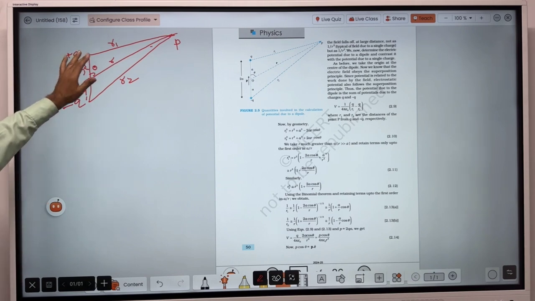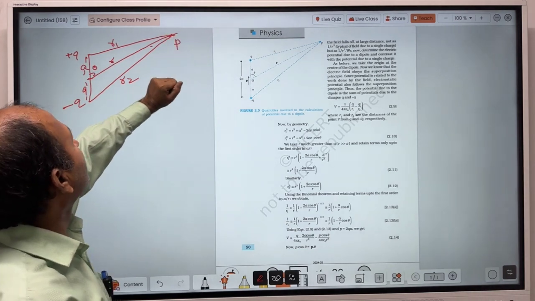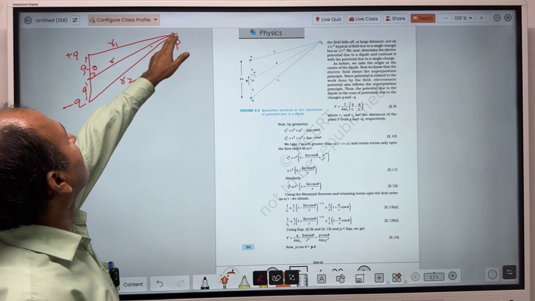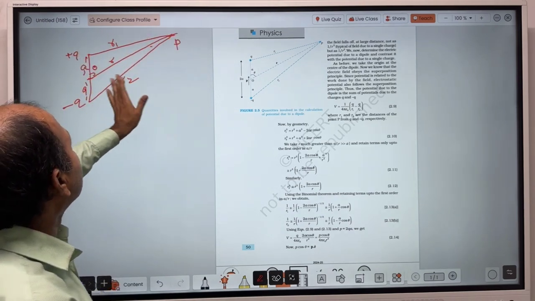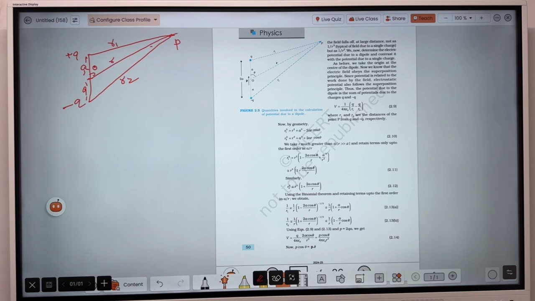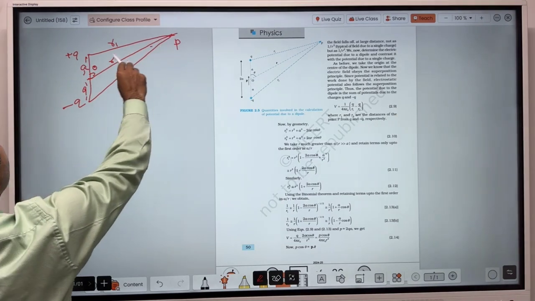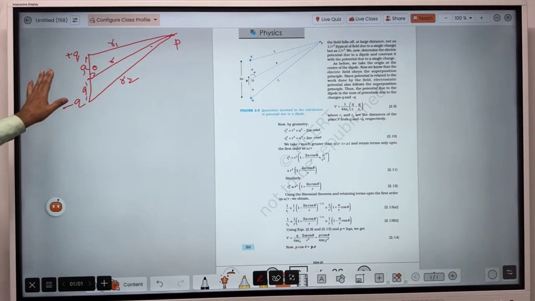So here there is positive charge, here there is negative charge, and this is the point where we have to find out the potential due to this dipole. So we have assumed that from here to here this distance is r1, and from here to here this distance is r2. Here we are going to apply the cosine formula. So let's write the expression for potential at P. Due to these two charges there will be potential.